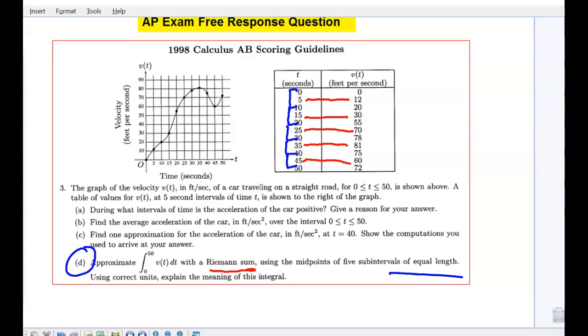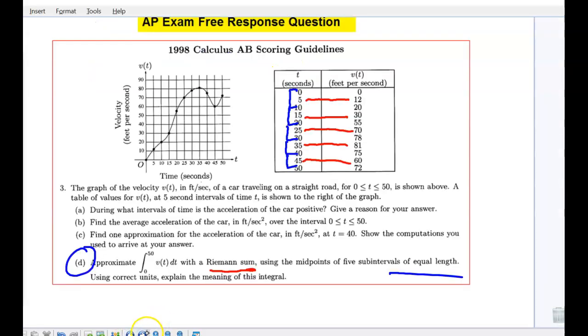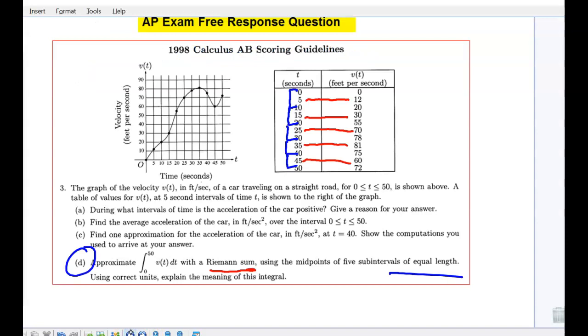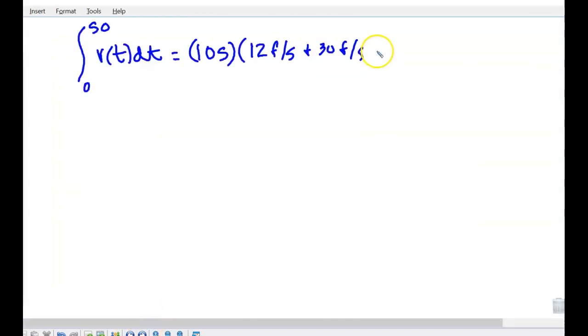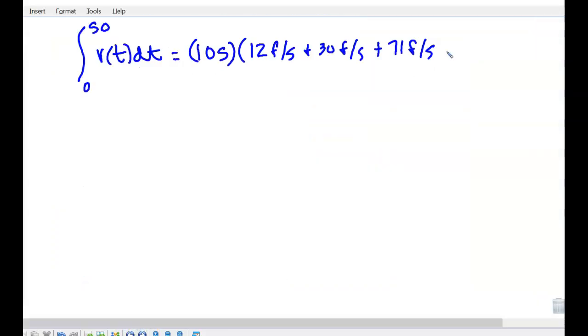So my calculation is going to be 12, and this is in feet per second, plus 30 feet per second, plus 70 feet per second, plus 81 feet per second, and finally plus 60 feet per second.